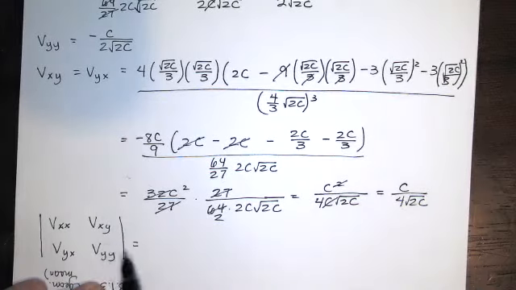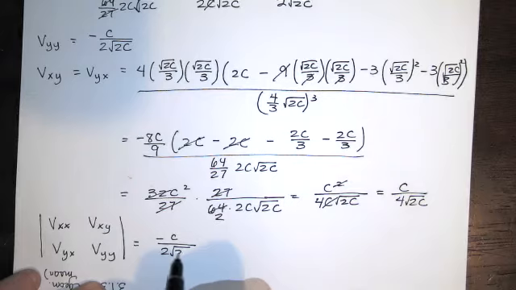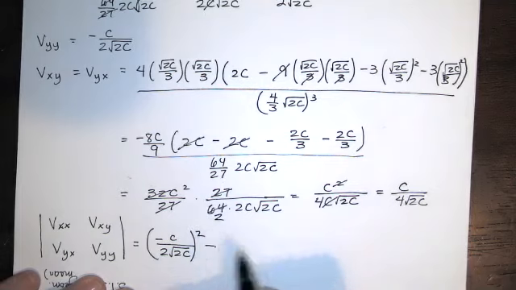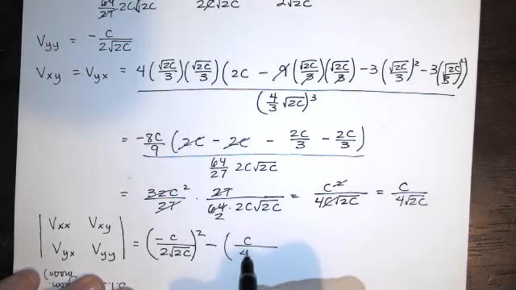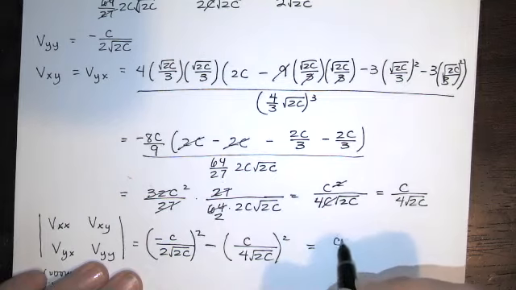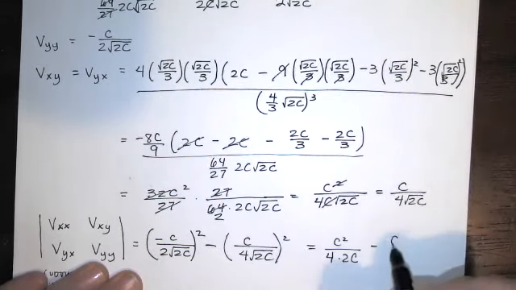And these guys both had the same value. We had negative c over 2 times the square root of 2c. These were the same, so that'll be squared. And then these guys had the same value. It was that value right there. You want to square the numerator and square the denominator.